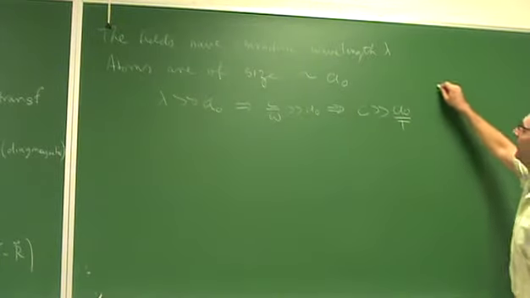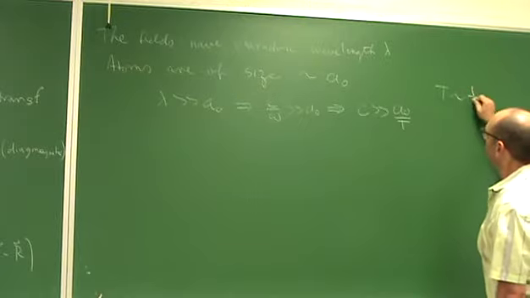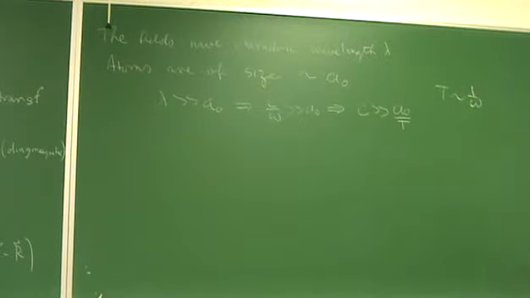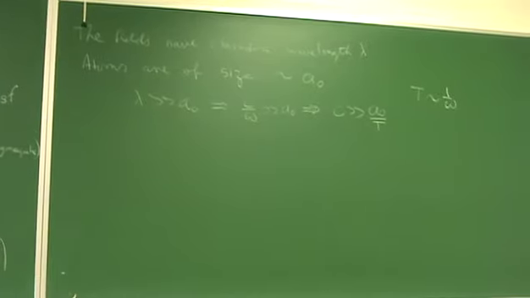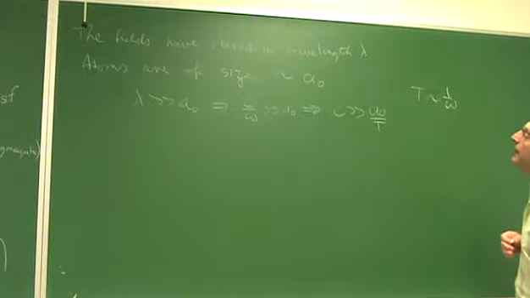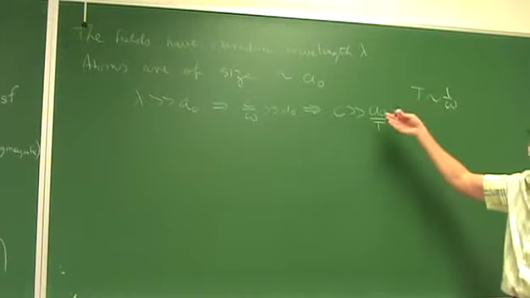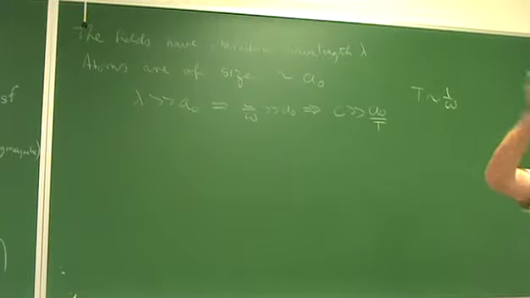So if T is the period of the oscillation of the field, what this is saying is that the speed of the atom, for charges that are moving across that distance in that time, is very slow compared to the speed of light.